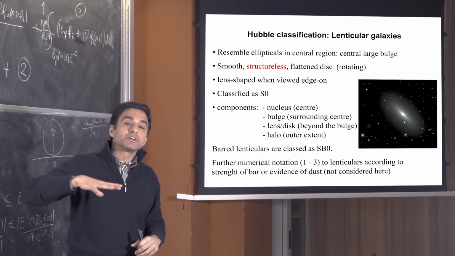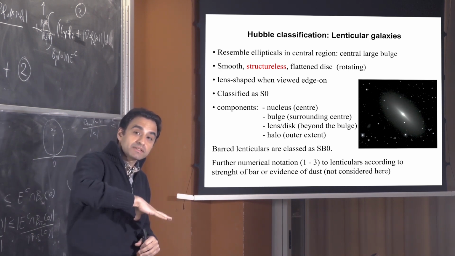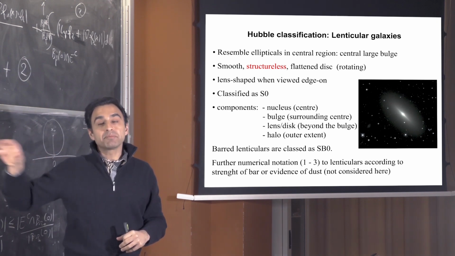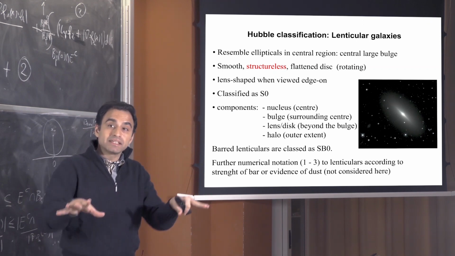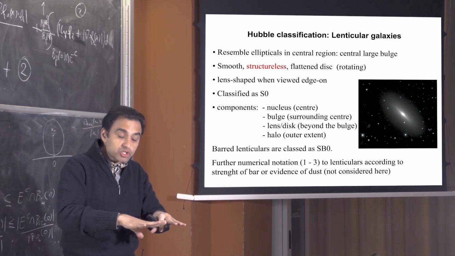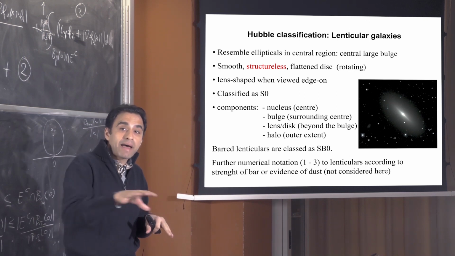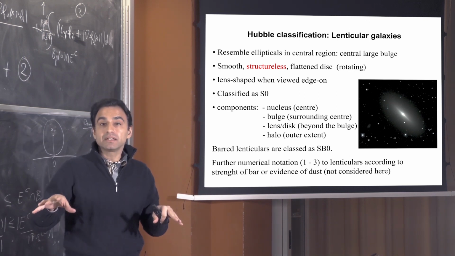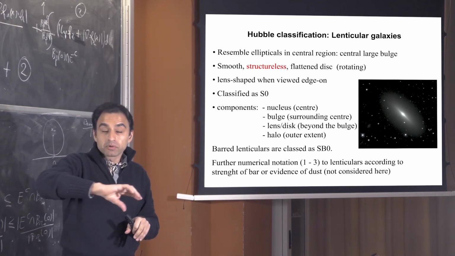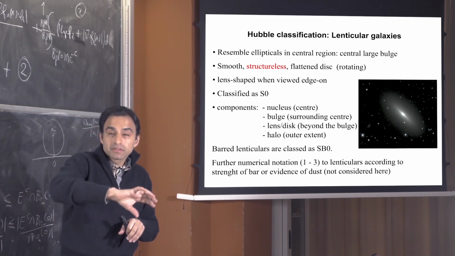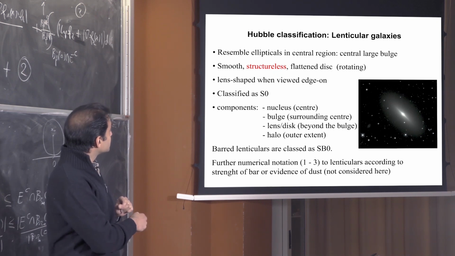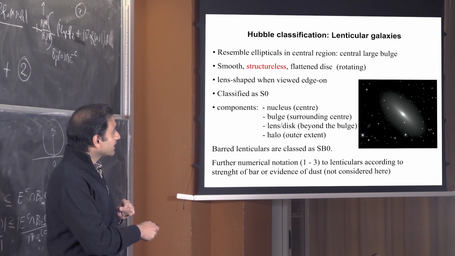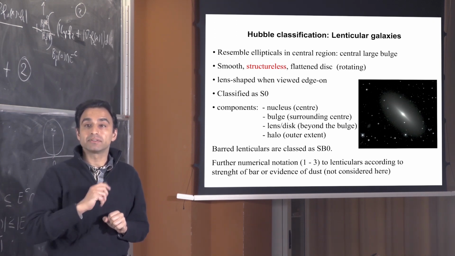But the main feature distinguishing lenticulars from a Milky Way type galaxy, like our own galaxy, is the fact that a lenticular galaxy usually does not show a clear spiral pattern, while a spiral galaxy will have, like our own Milky Way, clear spirals around the nucleus. So a lenticular galaxy will be characterized mostly by a smooth, structureless, flattened disk rotating around the nucleus.